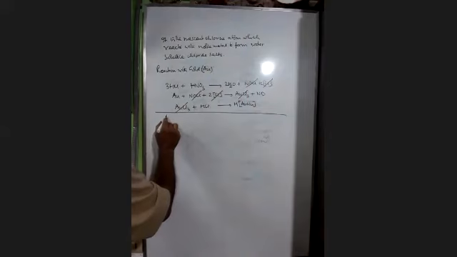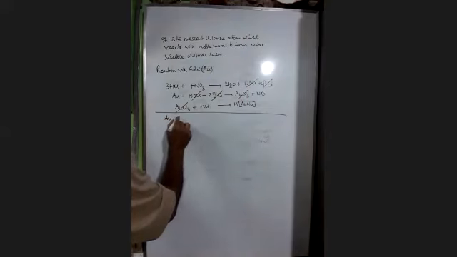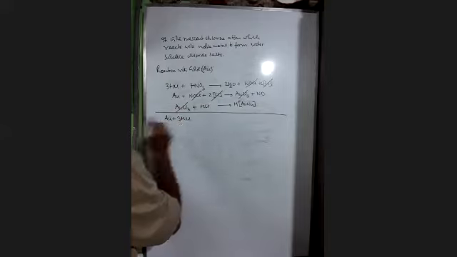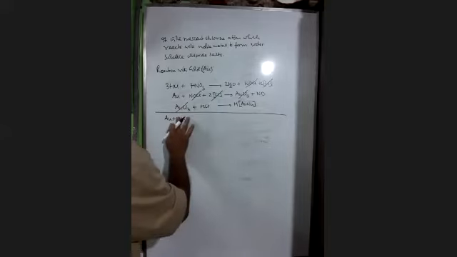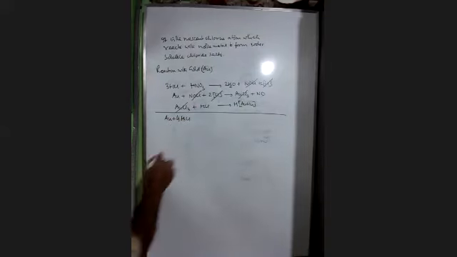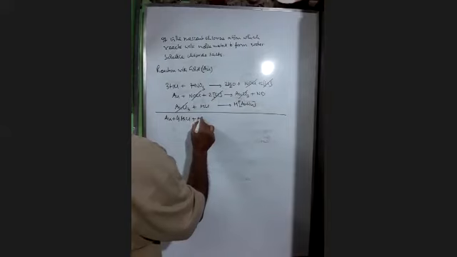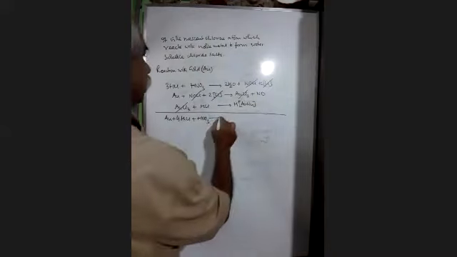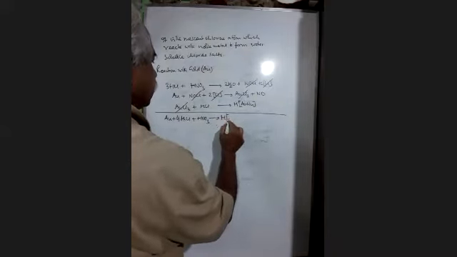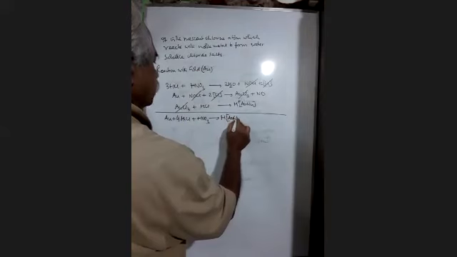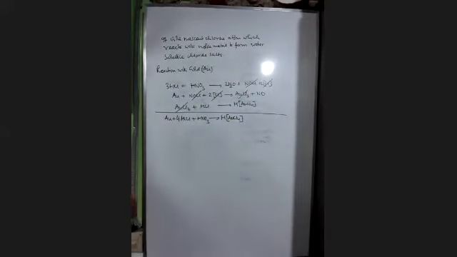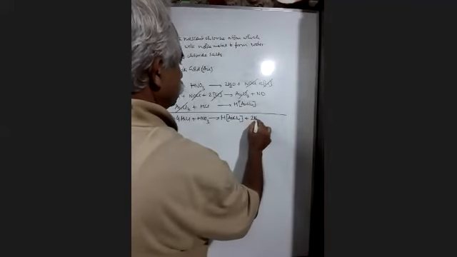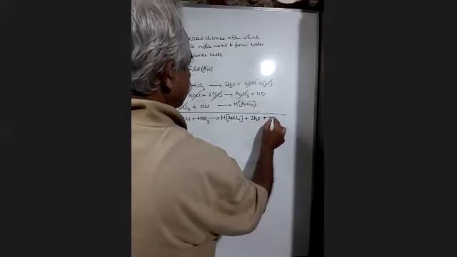So I'll write now the final equation. Au, it's not 3 HCl, 3 plus 1, 4 HCl, plus HNO3. So it will give you HAuCl4 plus 2H2O plus this.